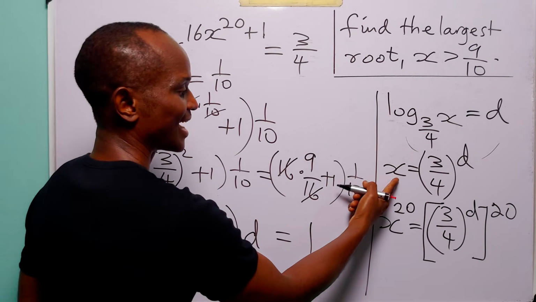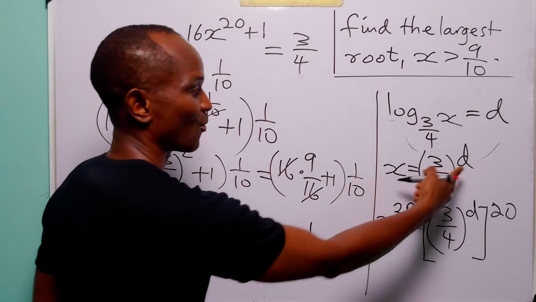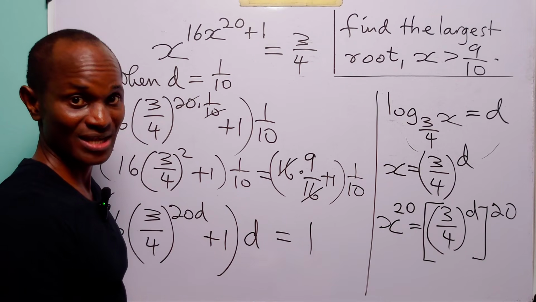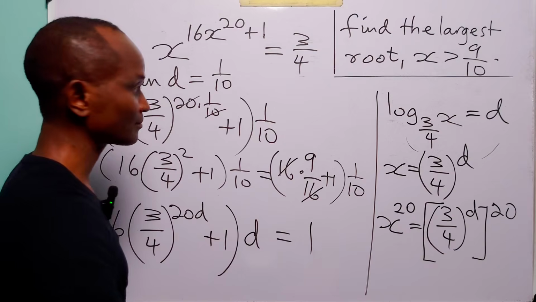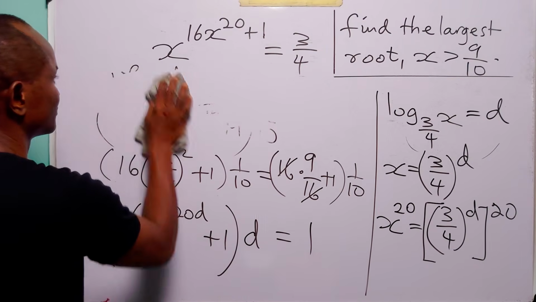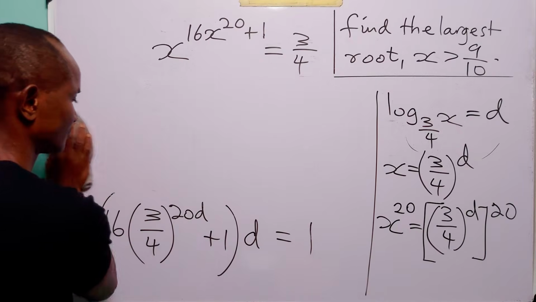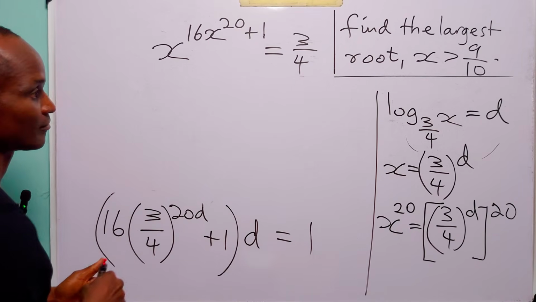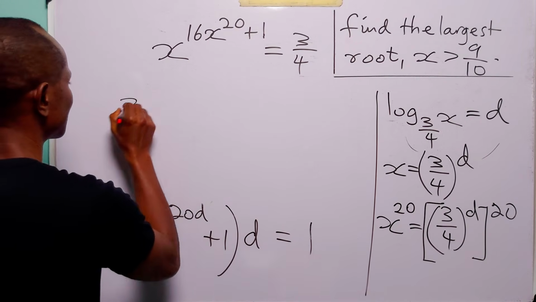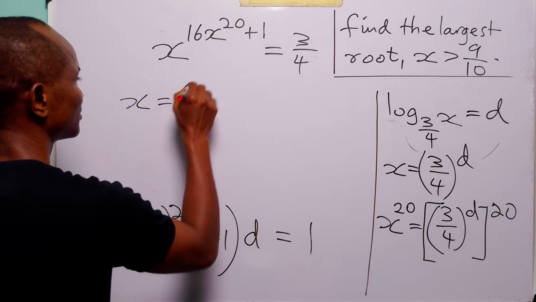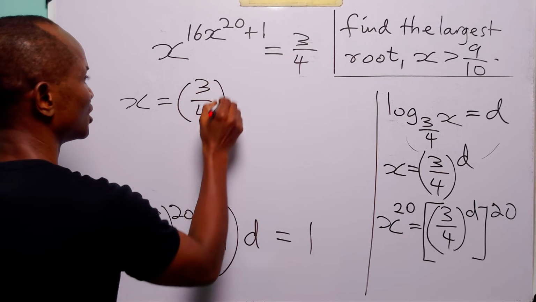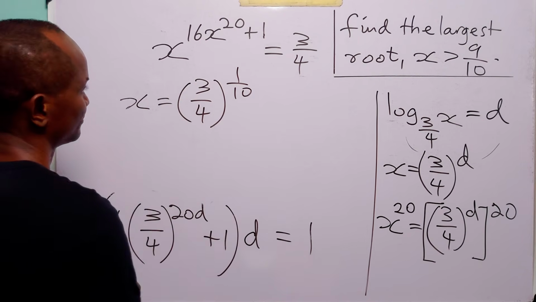You see that we can find a value of x when d is equal to 1 over 10. So from here, we have that x is equal to 3 over 4 to power 1 over 10.